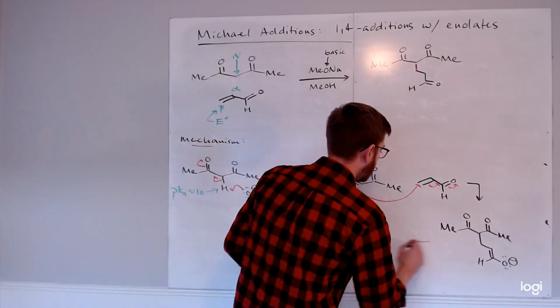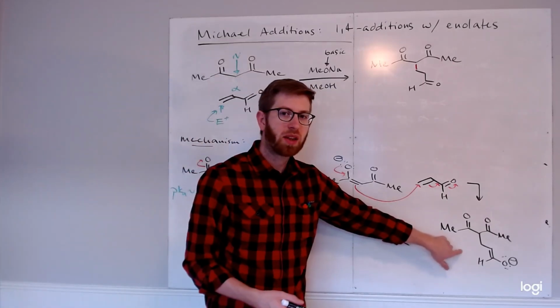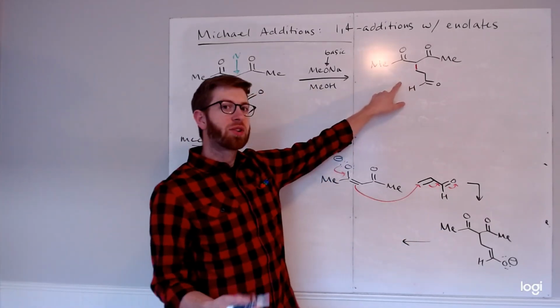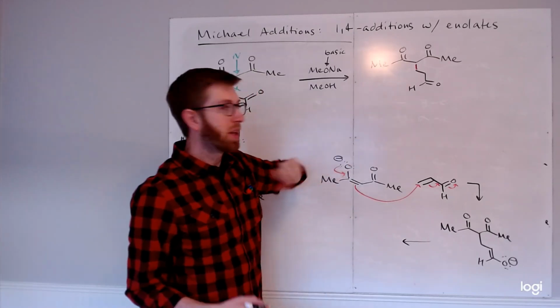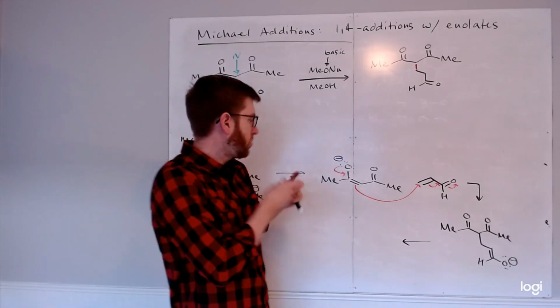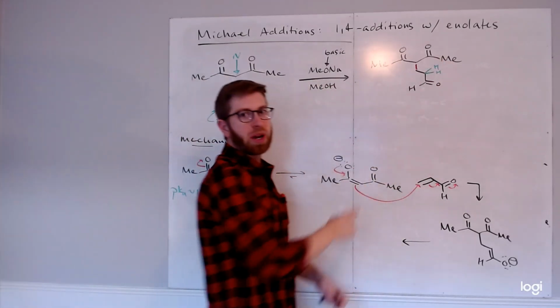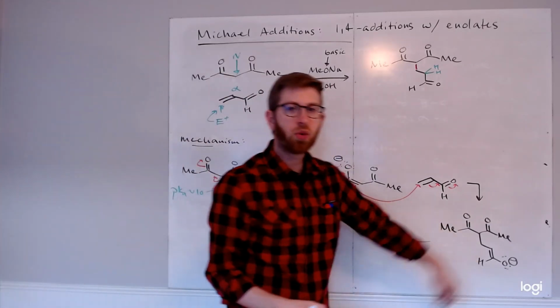So if I look at the difference in structure between this compound that I just made and what I know I eventually isolate from the experiment, I definitely don't have an enolate. And if I look carefully, I have two hydrogens on the carbon alpha to my aldehyde, whereas here I've only got one.